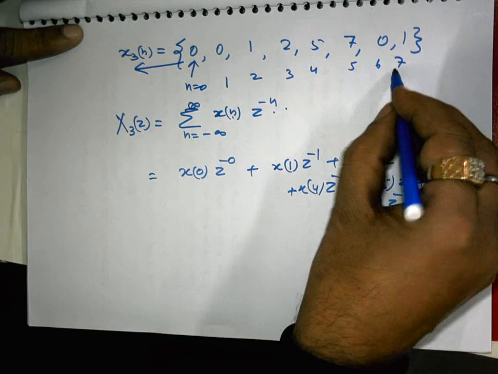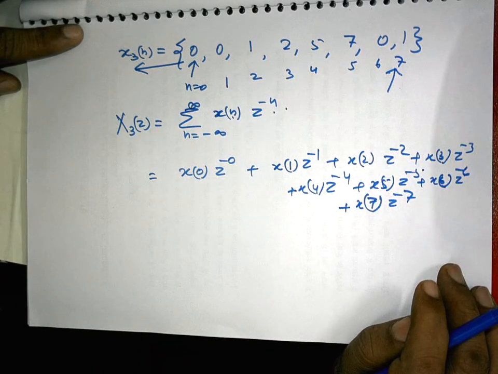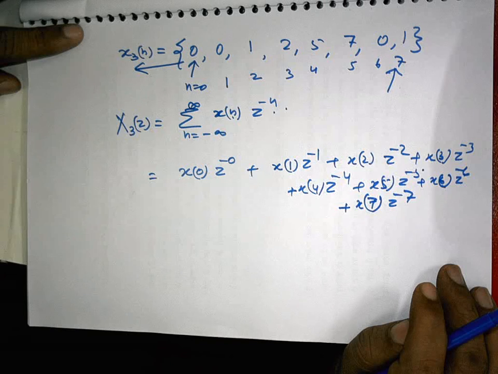Up to this 7 we have the value of this signal, because it is a finite duration signal.